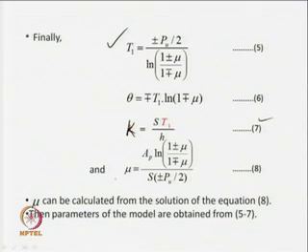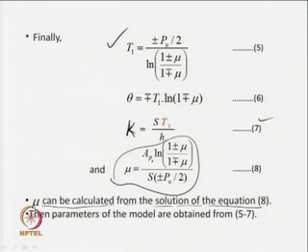And also we have found in our last slide that mu is equal to AP times natural logarithm of 1 plus minus mu by 1 minus plus mu divided by S times plus minus pu by 2. So, mu can be calculated from the solution of equation 4.